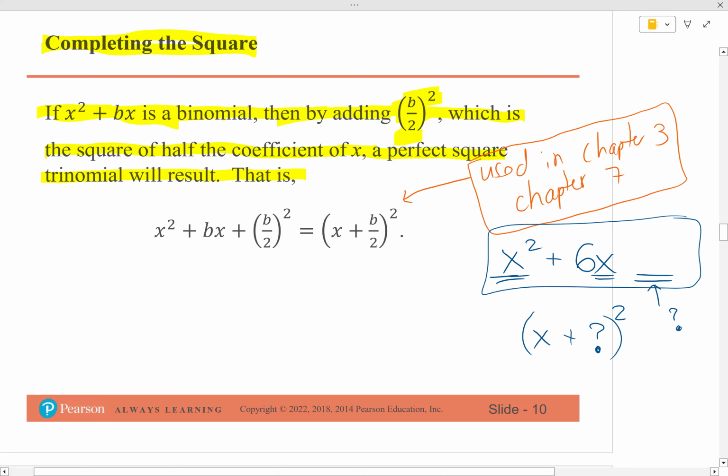Once I put that number there, both factors are the exact same thing, so I can write it as something squared. And that's a lot easier to solve. I can use the zero product property to solve that.